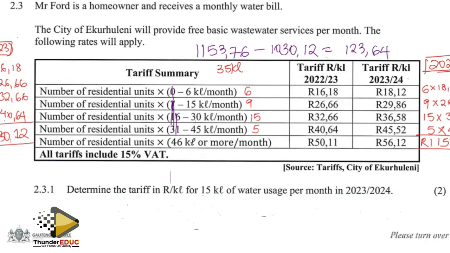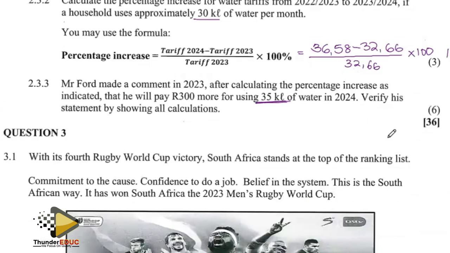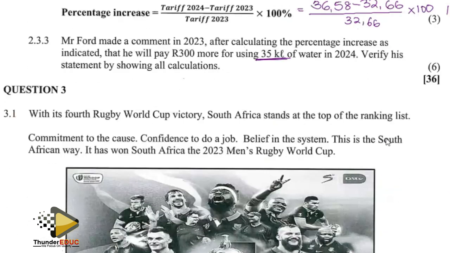It does not make 300. So the statement is invalid. Remember, these calculations are for question number 2.3.3, where you had to look for the 2023 water payment.